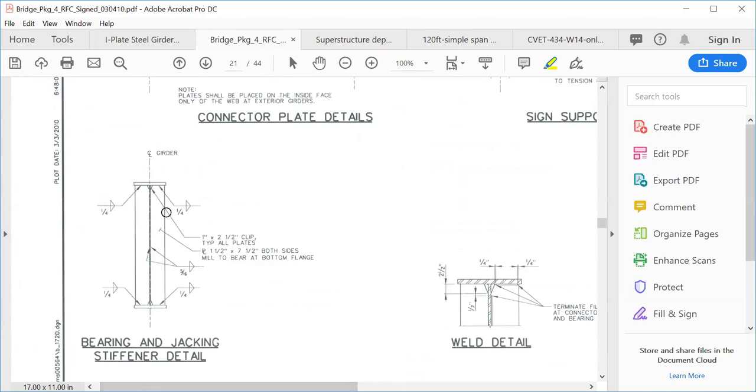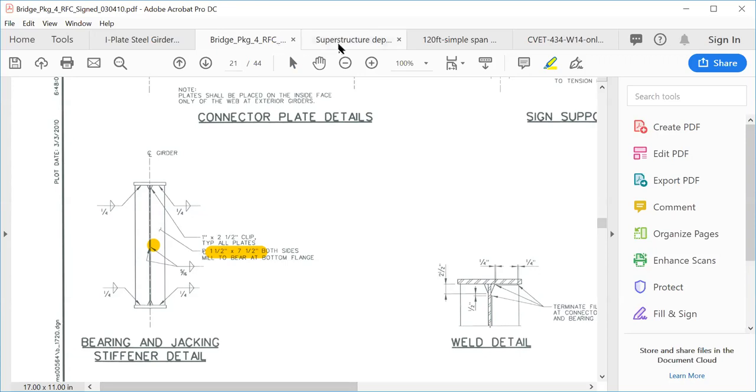Okay, so for this stiffener, the size is 1.5 inch times 7.5 inch, and this is the typical bearing stiffener size. The width is 7.5 inch and the thickness is 1.5 inch.